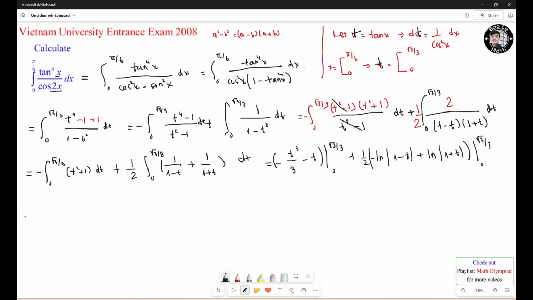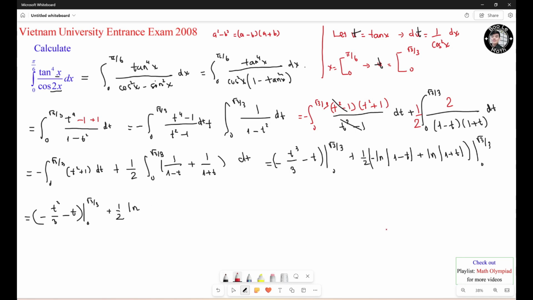Alright, next one. This guy right here, I just rewrite this. So it can be negative t cubed over 3 minus t all together evaluated from 0 to root 3 over 3. Now this guy right here, I just rewrite 1/2. Alright, natural log of what?